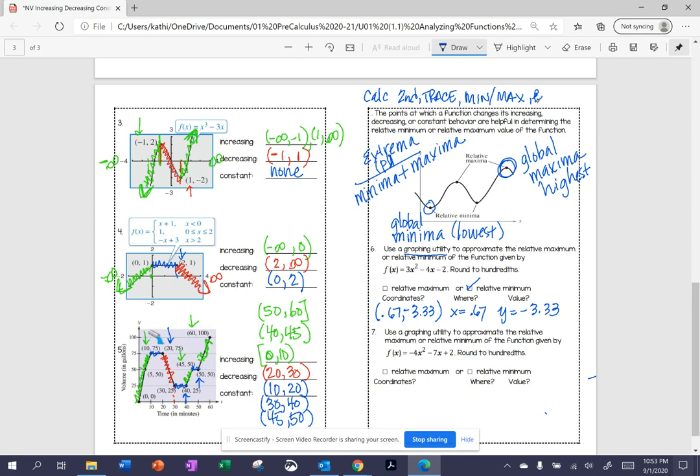So left, enter, right, enter, and guess. So I need to have the minimum or the maximum between the two arrows for the calculator to know which one I am doing. So I want to be to the left, to the right, and enter.